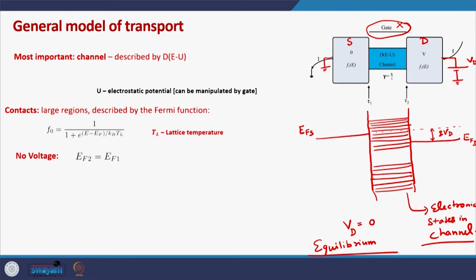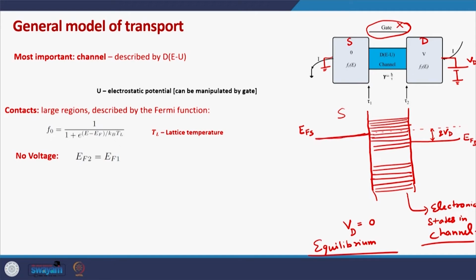Now, what will happen is that the source contact will try to bring the channel in equilibrium with itself. What does that mean? That means that it will try to fill all electronic states up to its Fermi level in the channel.